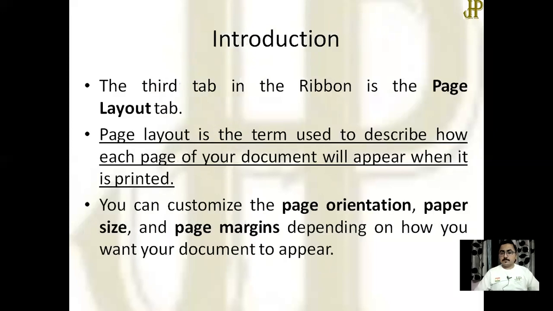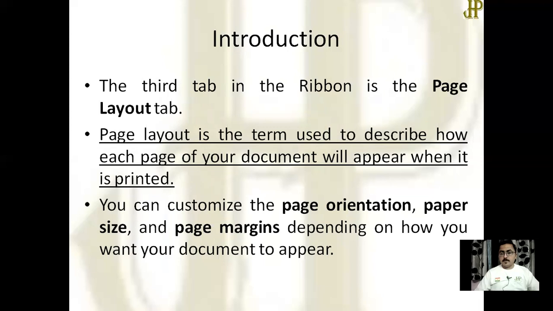So let's start. The third tab in the ribbon is the Page Layout tab. As the name suggests, page layout describes how each page of your document will appear when it is printed.